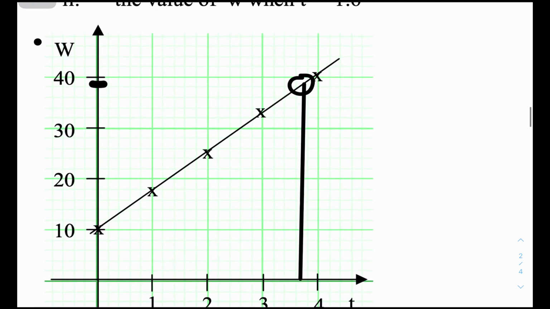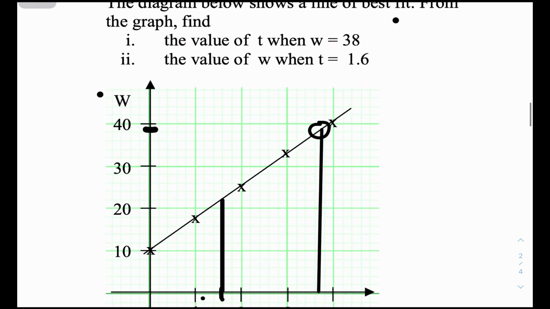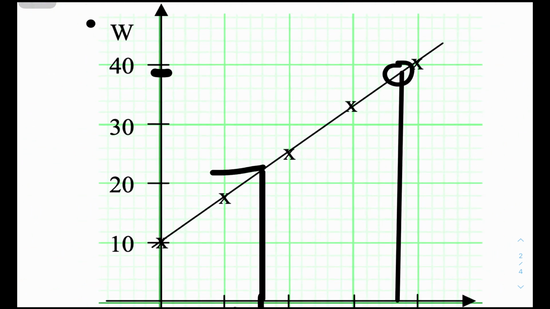That's the first part. So the second part, where you're trying to find the value of w when t equals 1.6. So 1.6 will be 2, 4, 6 right here. You just draw a straight line up. You'll be here. And then you have to see the corresponding w value, like the y-intercept. So it'll be here, which is just quite a whole number.